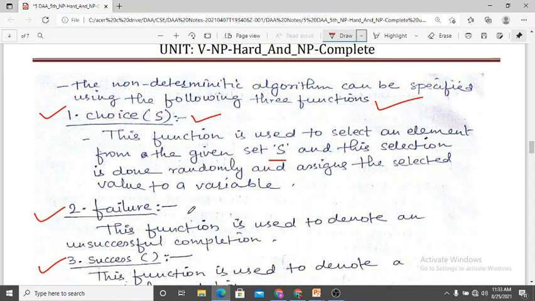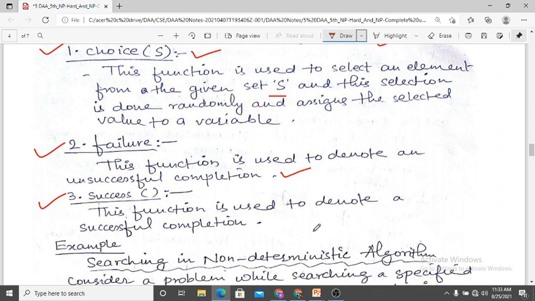Next, failure. This function is used to denote an unsuccessful completion. What is success? This function is used to denote a successful completion, meaning whatever we were doing, we have completed it here. Whenever it is success, it is a successful completion.